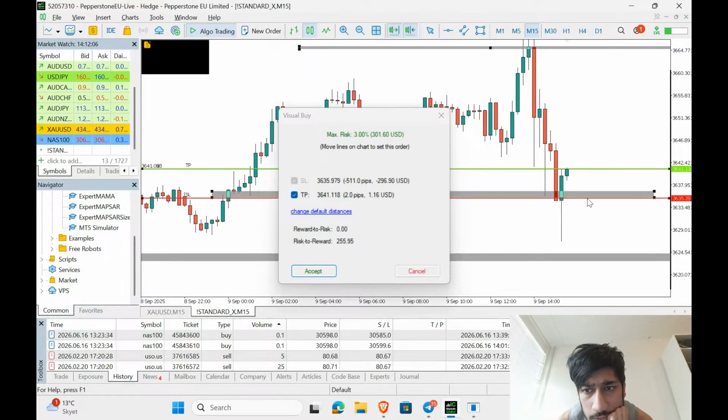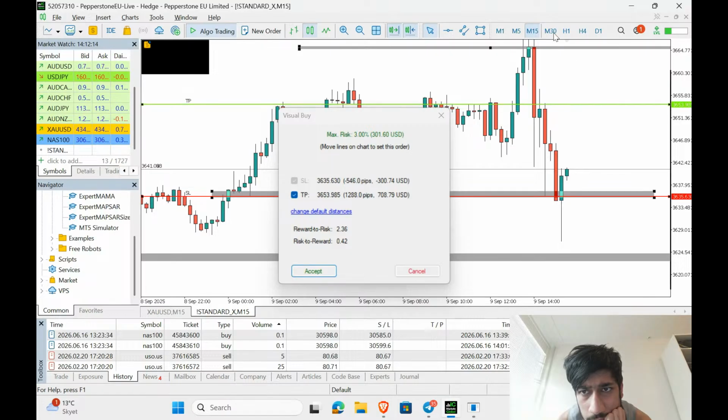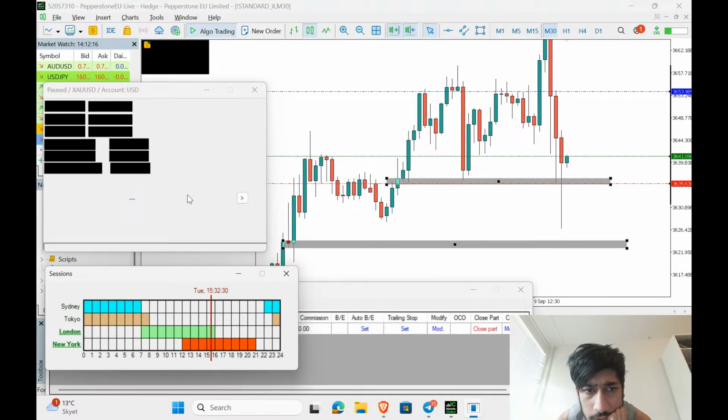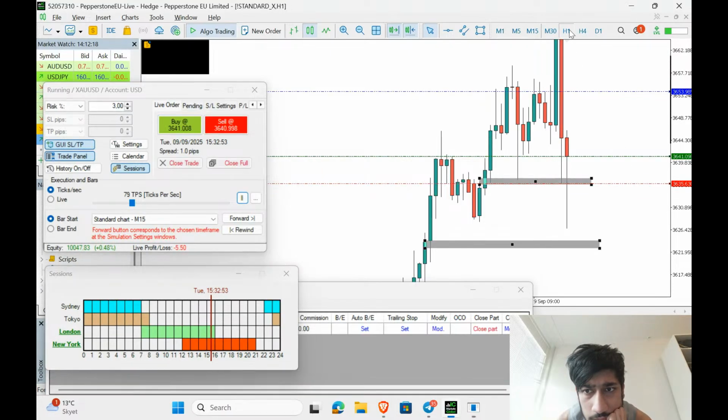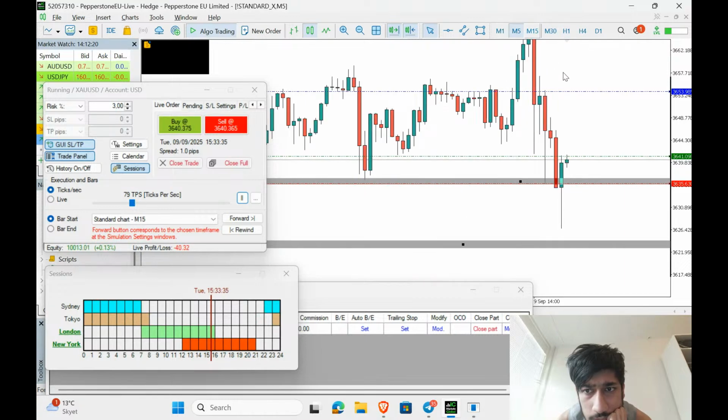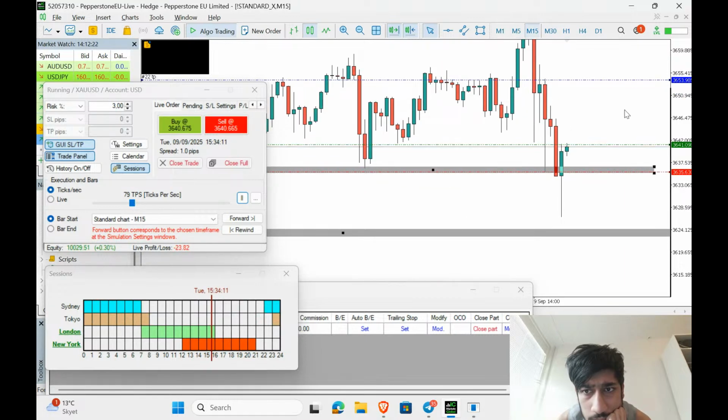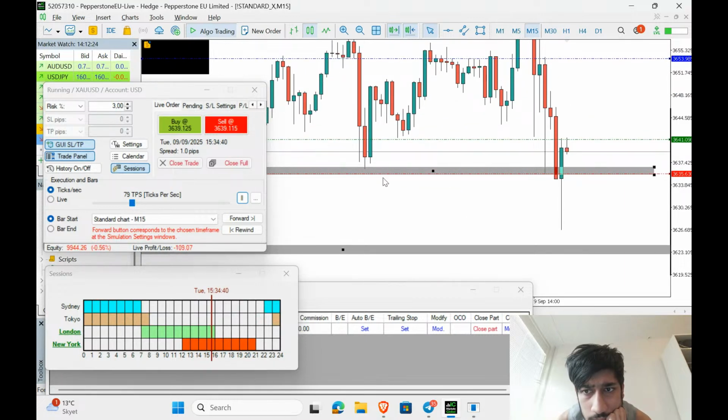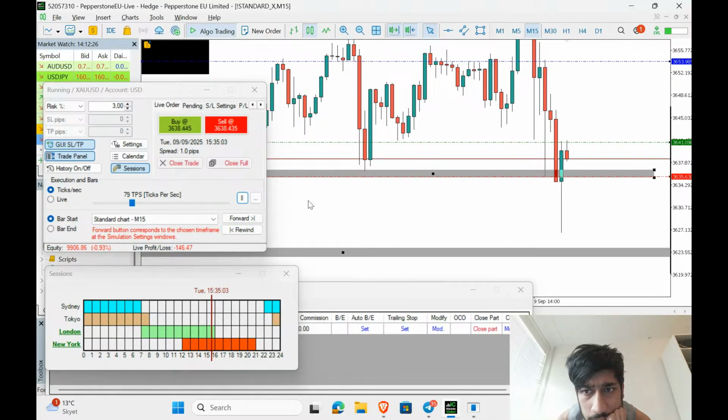Stop loss above here because this gap week is too big and I don't want to get stopped out instantly. And expect the candle to just move up.